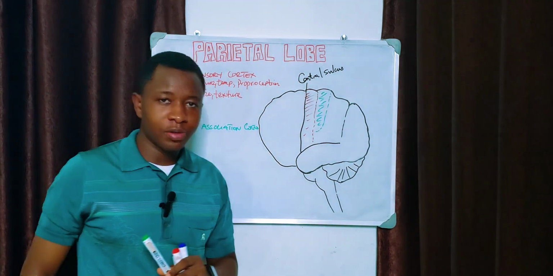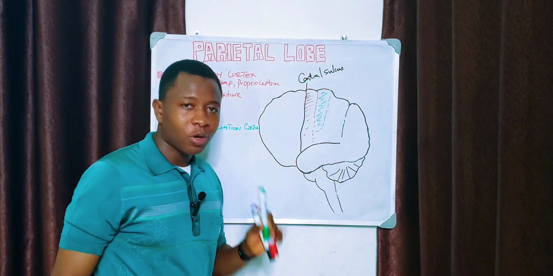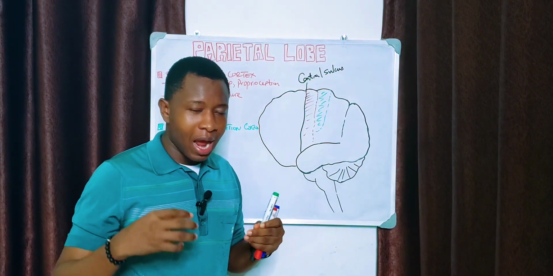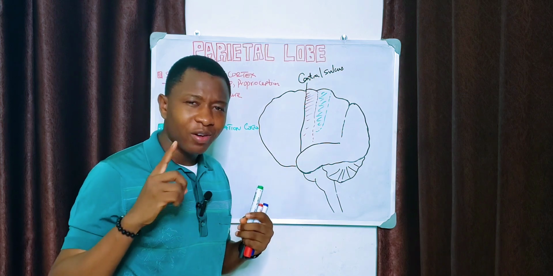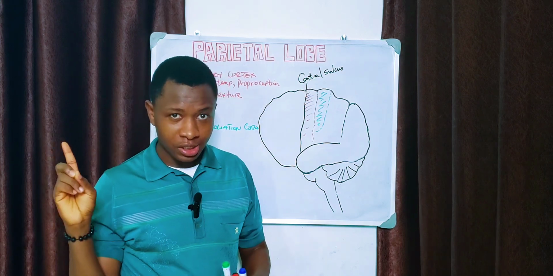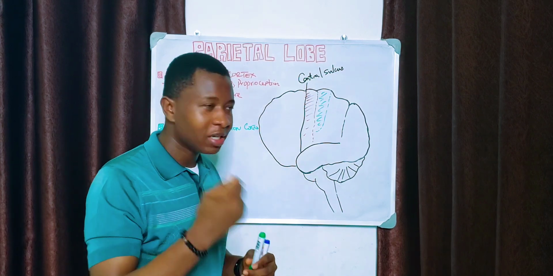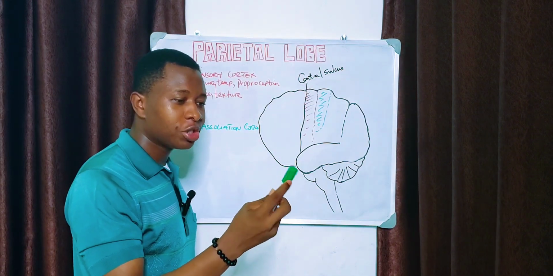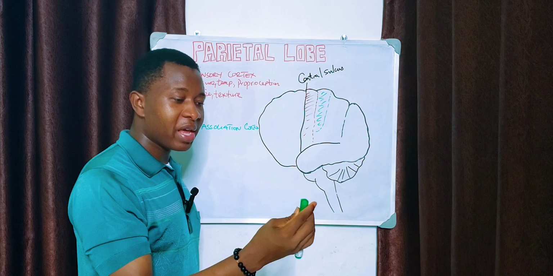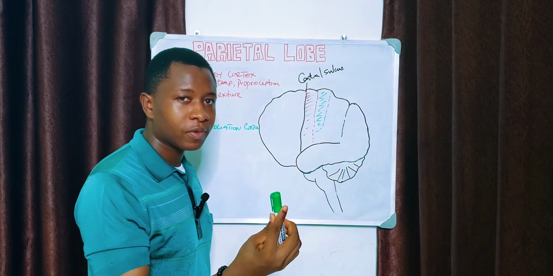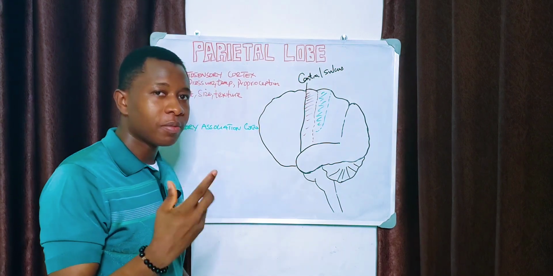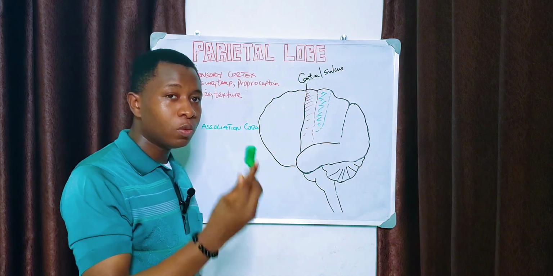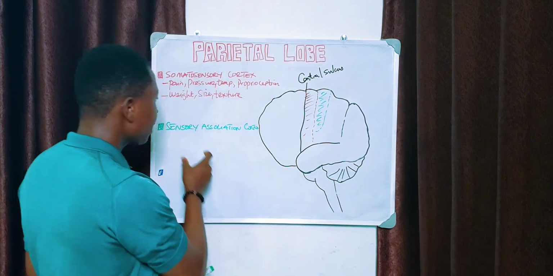So what's the function of the sensory association cortex? It just gathers information from different parts of the brain and different parts of the body, and also previous knowledge, to give meaning to what you have been able to feel, touch, and make certain judgments.